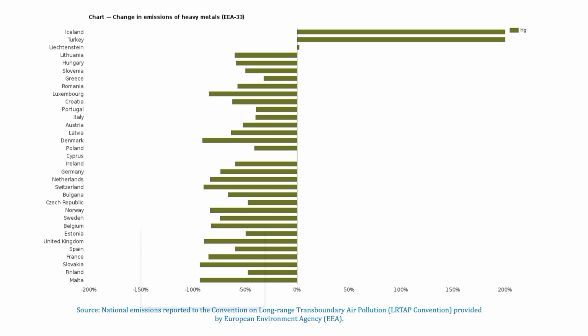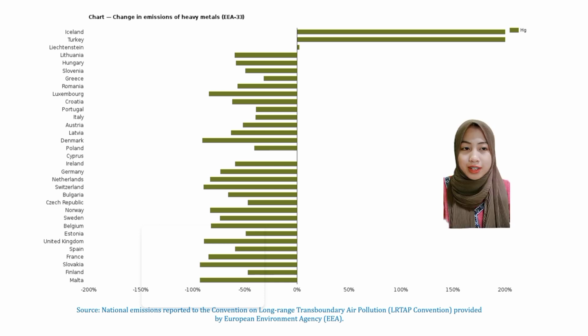This graph contains data of national emissions reported to the Convention on Long-Range Transboundary Air Pollution, provided by the European Environment Agency. From this graphic, we can see that cadmium is still high in Iceland, Turkey and Liechtenstein, increasing by 200%, while Lithuania has increased slightly.